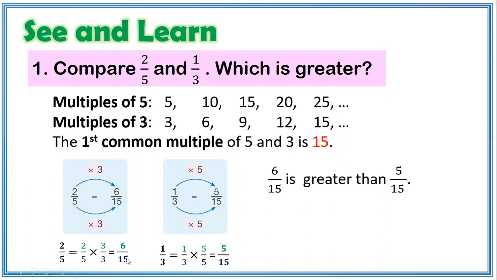Now that they have the same denominator, we can easily compare the fractions. 6 out of 15 is greater than 5 out of 15. So 2 out of 5 is greater than 1 out of 3. In symbol, we write like this.